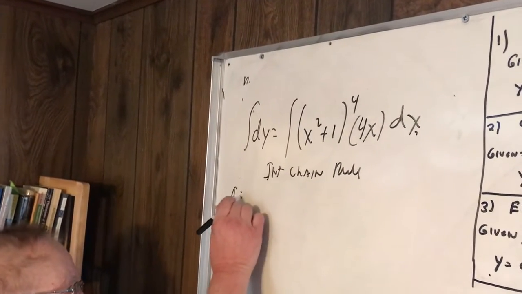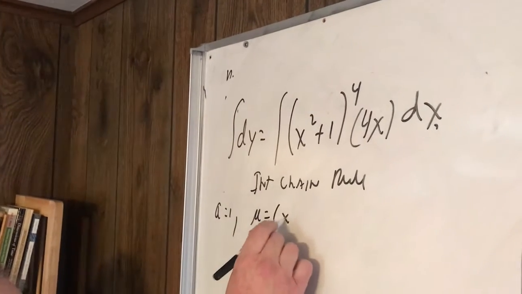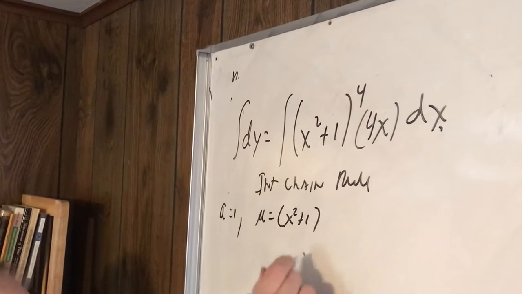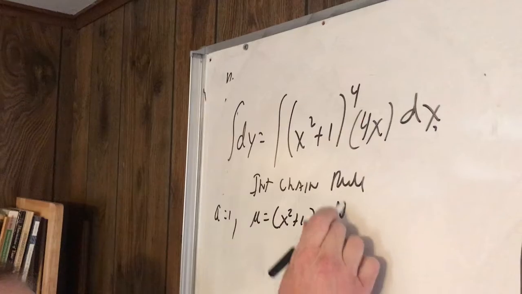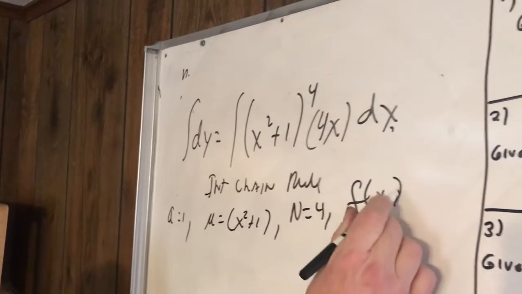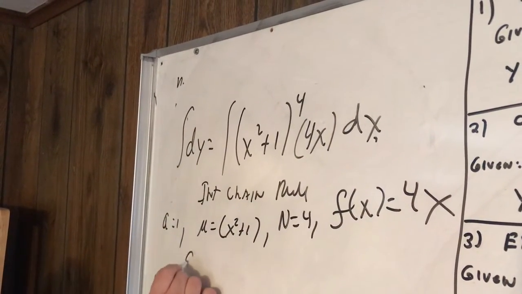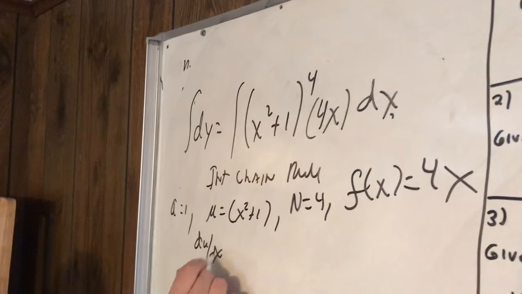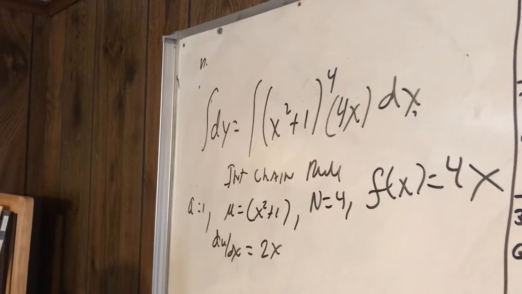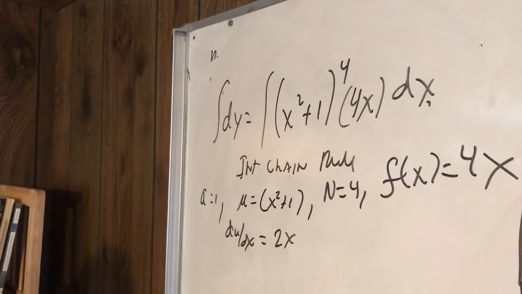A is 1. U equals x squared plus 1. N equals 4. F of x equals 4x. And du dx is 2x. Now we just got to plug into the chain rule.